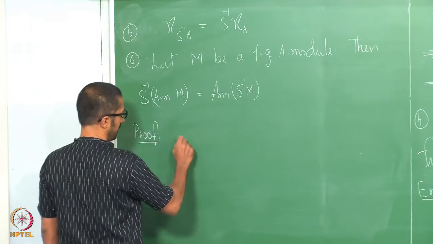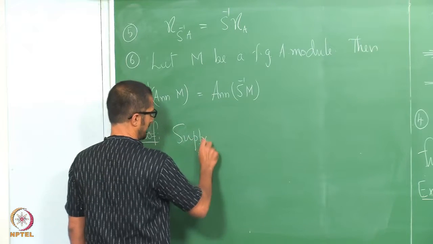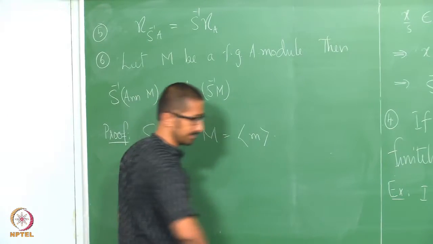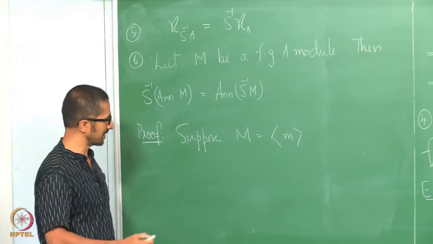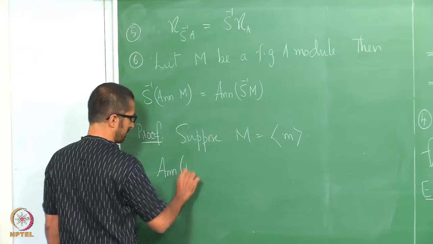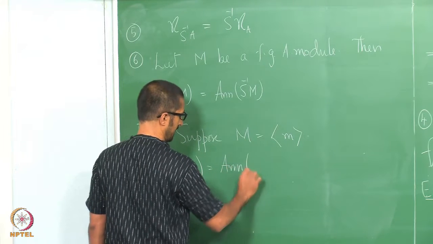So, first of all, suppose M is generated by a single element. Then the annihilator of M is the same as the annihilator of this module, the element m.